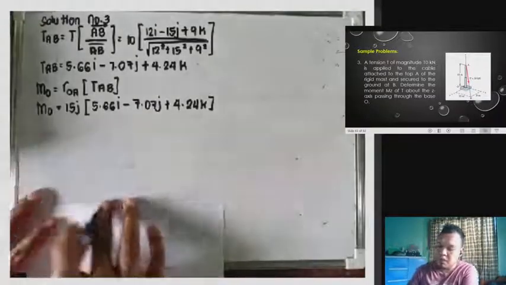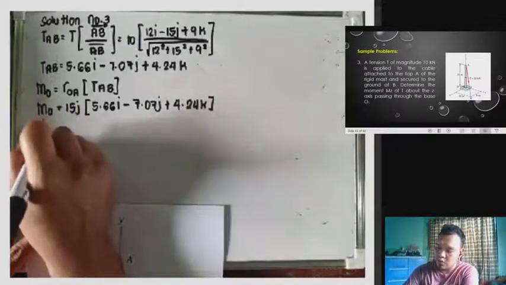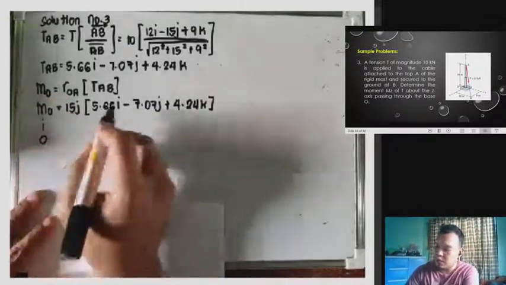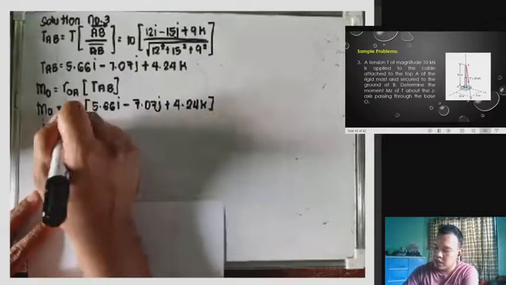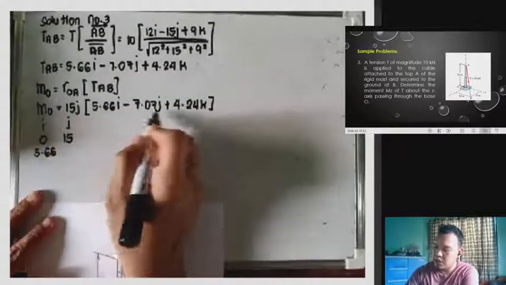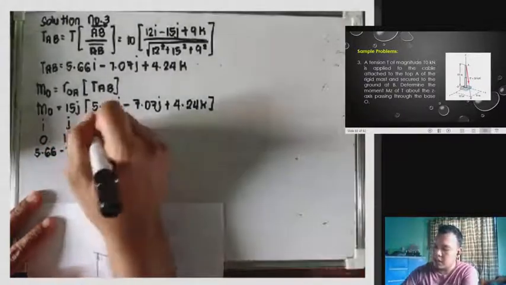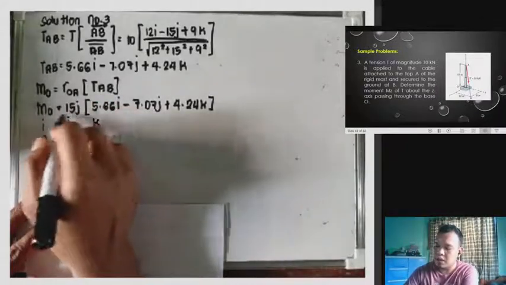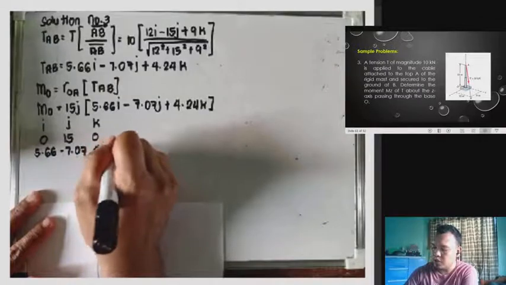So, same process pa rin tayo. Yung I, 0. Wala kang I dito. Tapos yung I mo dito is 5.66. Then, J, 15. And J dito is negative 7.07. Then, K. Wala kang K para kay R. 0. So, we have here 4.24.